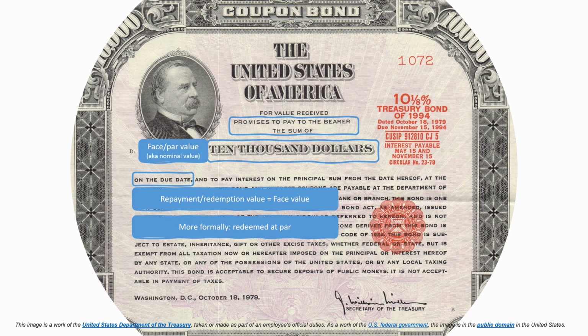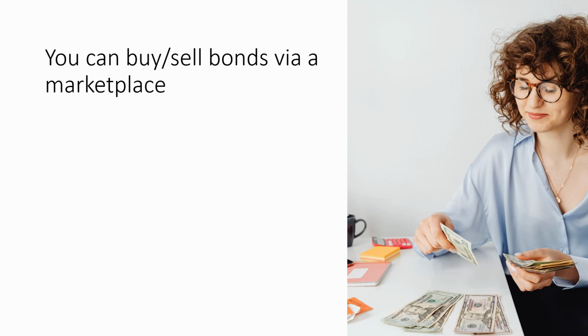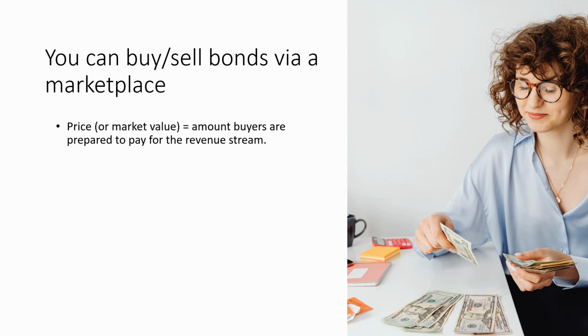Now, what makes bonds very different from a conventional loan is that you can sell your rights to receive these payments. So think of this as literally selling that certificate to someone else. When you sell the bond, the price you receive for the bond is dictated by what the market is willing to pay for this bond.